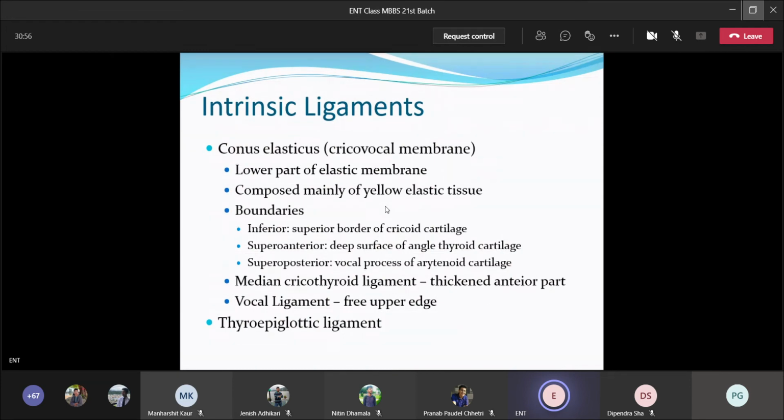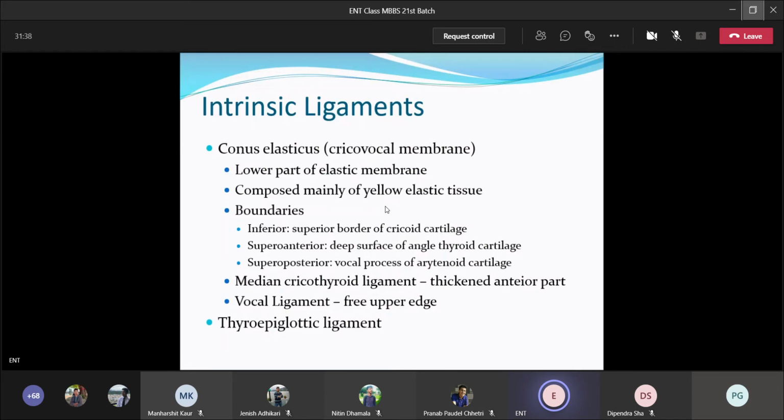Now the intrinsic ligament conus elasticus is also called the cricovocal membrane. It is the lower part of the elastic membrane, composed mainly of yellow elastic tissue. Its boundaries are the cricoid cartilage, the superior anterior deep surface of the angle of the thyroid cartilage, and the superior posterior vocal process of the arytenoid cartilage.